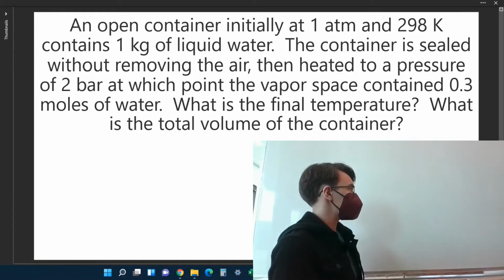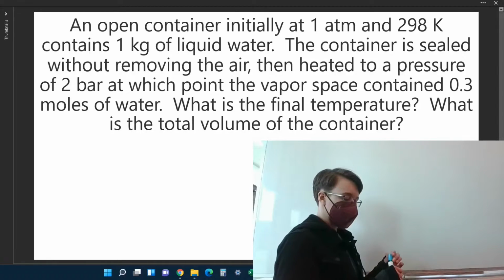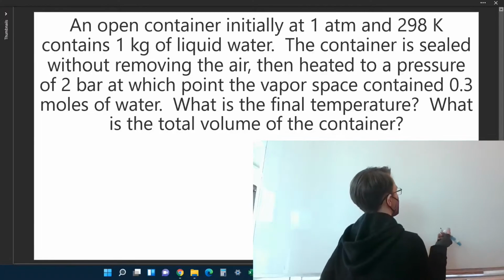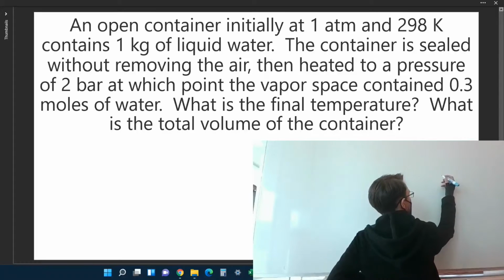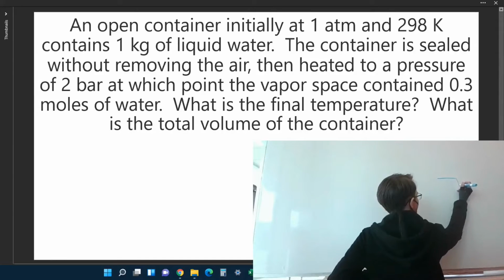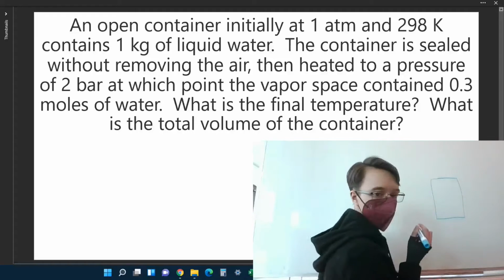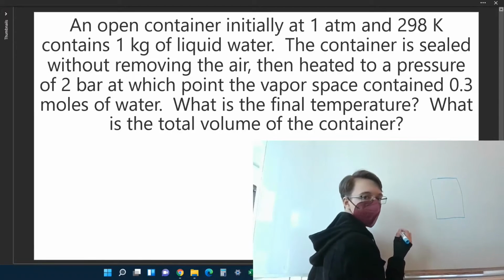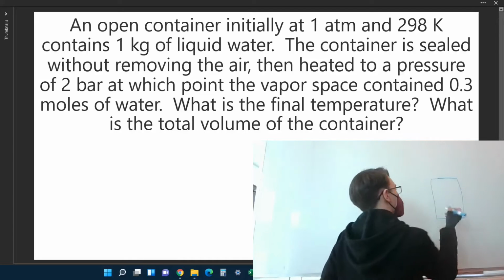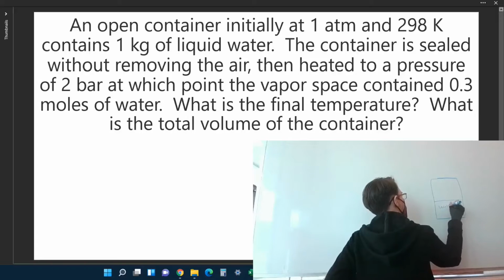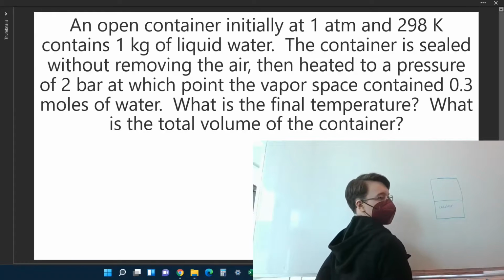So, first thing we're going to want to do is draw a diagram of this situation and then write out what we know and what we're looking for. So first we want a diagram, so we're going to have some sort of container. That can represent our container, and it says it is partially filled with water, and it is originally open to the atmosphere.